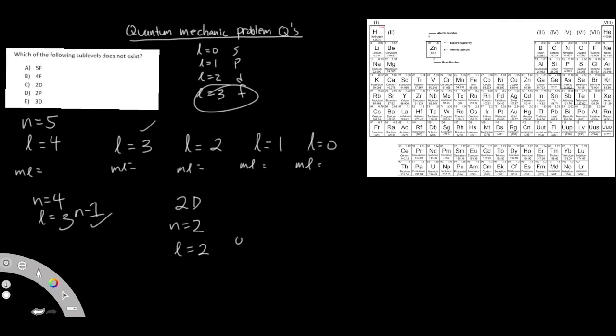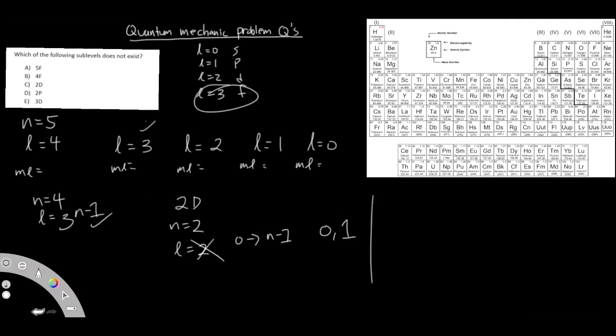Well, 0 goes up to n minus 1. 2 minus 1 should give you 1. So we're limited to just 0 and 1. However, look at our L. It's 2. It exceeds this 1. This is our limit. We cannot go past that number. We've already established L is equal to 2, so this is not possible. So it seems as if 2D is going to be our answer.